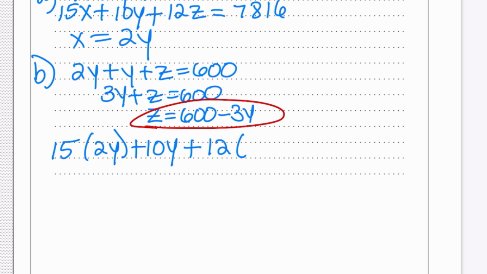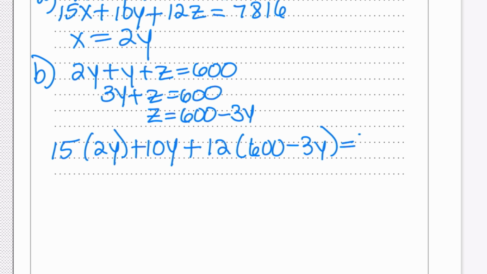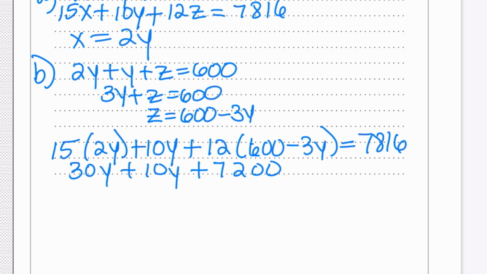So I'm going to replace this with 600 minus 3y is going to equal 7,816. I'm going to go ahead and multiply everything out. I get 30y plus 10y plus 12 times 600, which is 7,200, minus 36y, because you are distributing, is equal to 7,816. Go ahead and combine like terms.